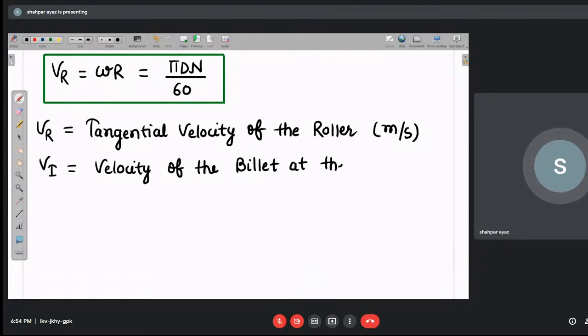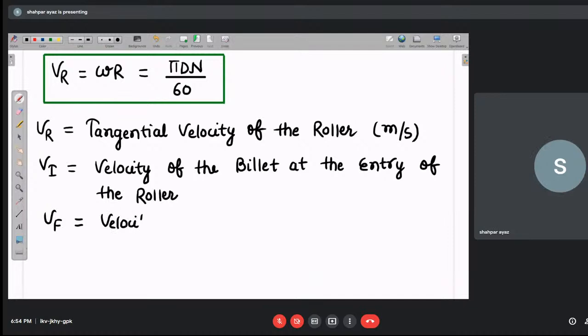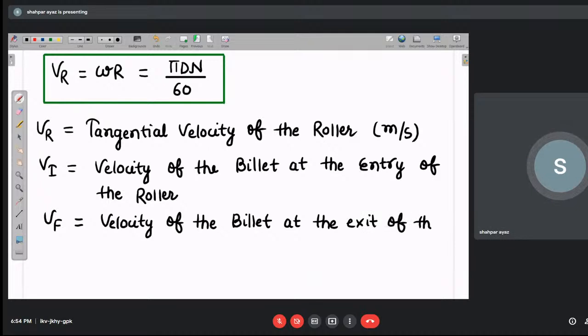And VF is the velocity of the billet at the exit of the roller.